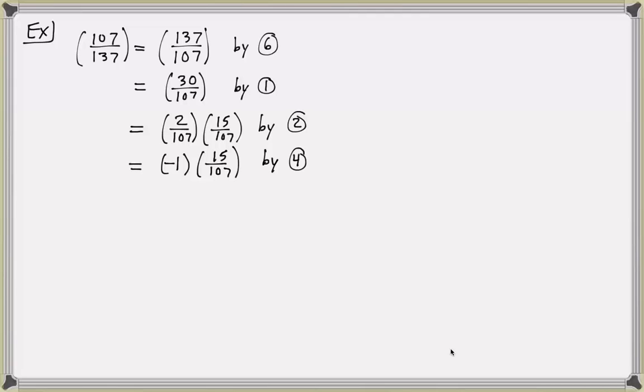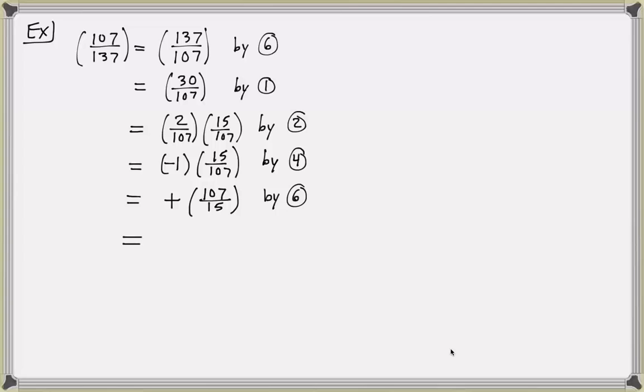And then I'm going to use the law of quadratic reciprocity, and 15 and 107 are both 3 mod 4. So if I flip this Jacobi symbol to 107 over 15, I have to introduce a negative sign, but that will cancel with the other negative sign, so this becomes plus 107 over 15, again by the law of quadratic reciprocity.